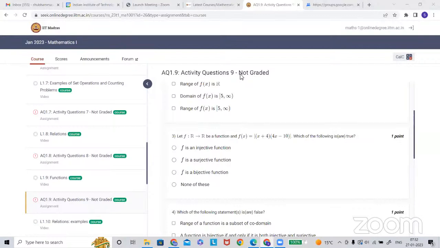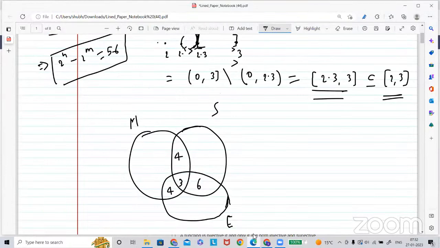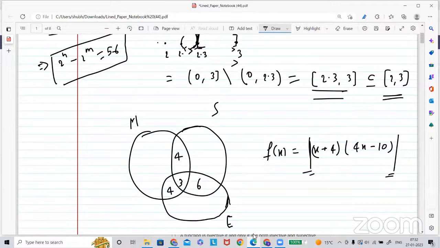Sir, can you please use the whiteboard and explain? He's too fast to understand. Yeah, like what is the process to solve this kind of problem? Okay, so we have the function mod of x plus 4 and 4x minus 10, right? This is in mod. What is the property of mod?